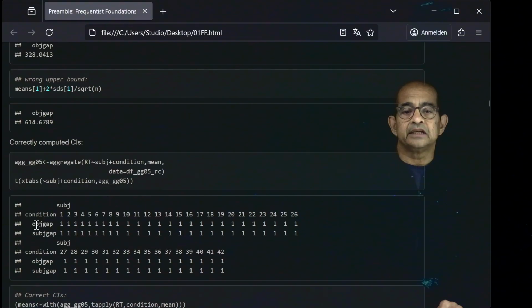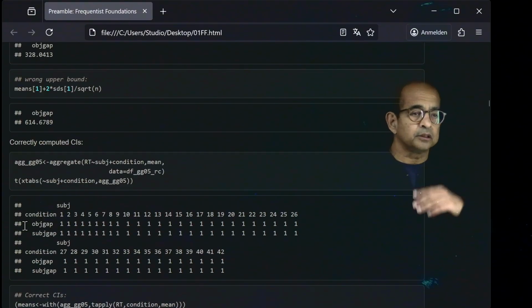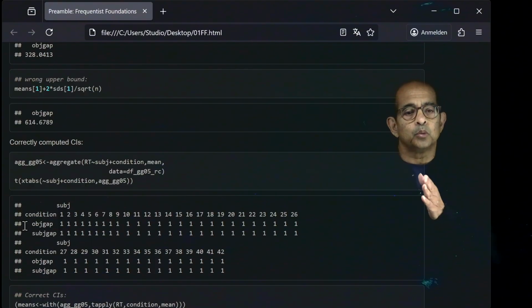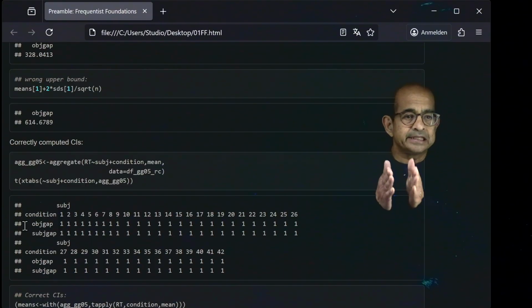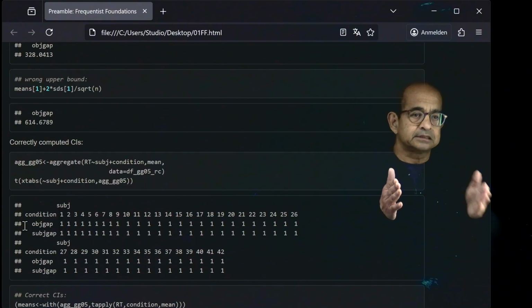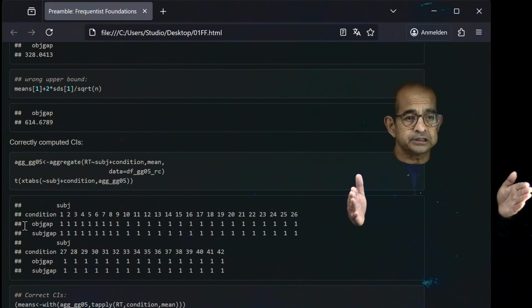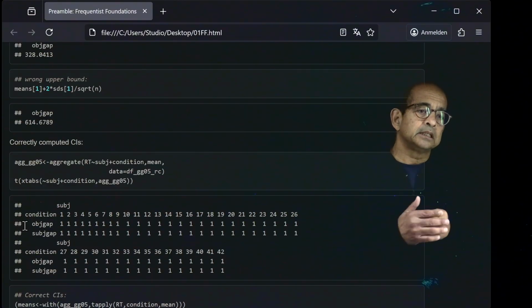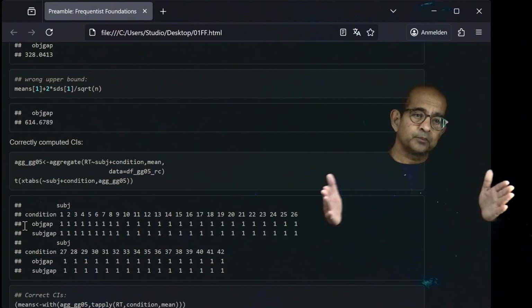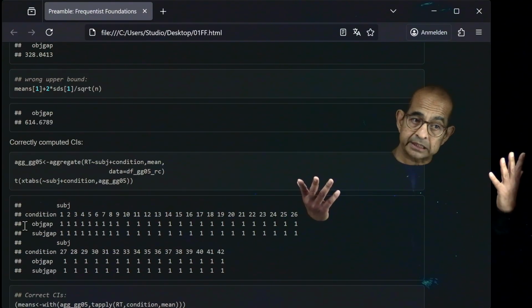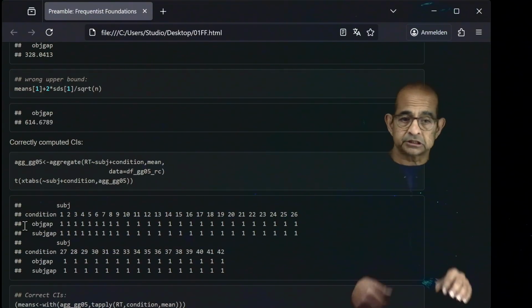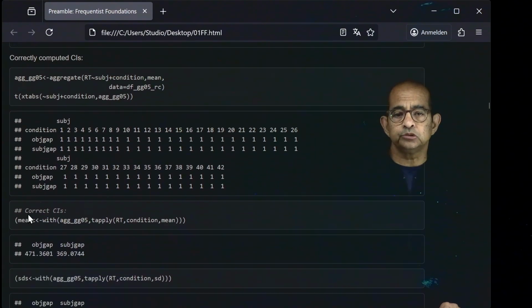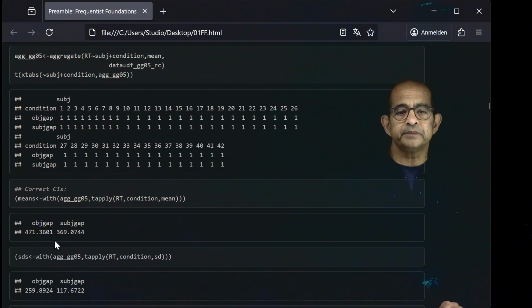Now, if I just focus on the object gap condition, what I have is an independent data point from each subject. So I have 42 data points in total for the object gap condition, and each of those data points is independent of the others. Now I can compute the standard deviation correctly. So I'm going to redo the calculation. The sample means for the object and subject gaps do not change.